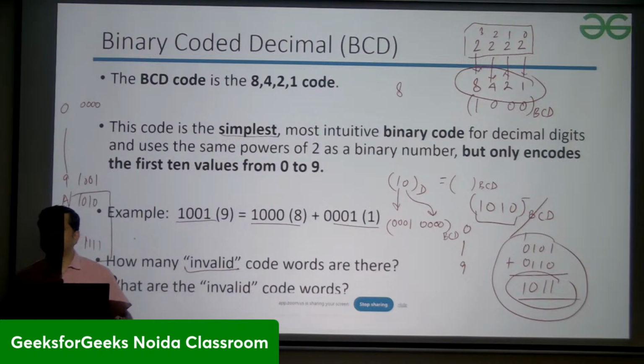From 1010 to 1111, these are the useless code words. And that is why there are 6 invalid code words. And what are the invalid code words that we have written? 1010, 1011, 1100, and so on. So these are the invalid code words. All right.